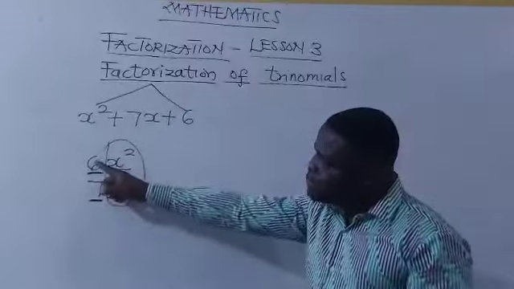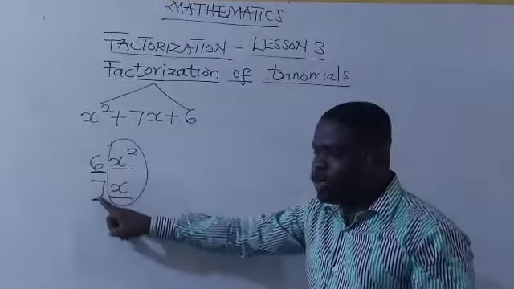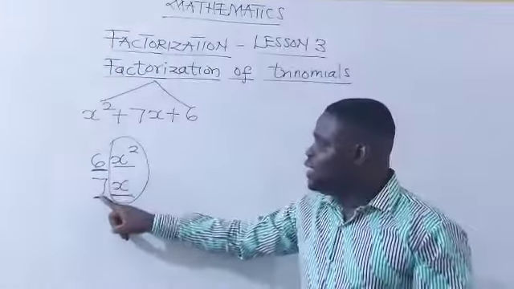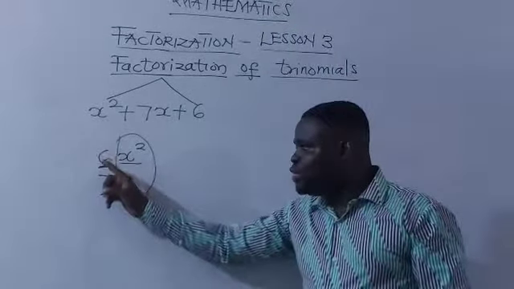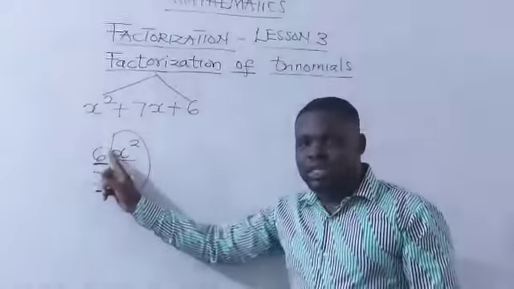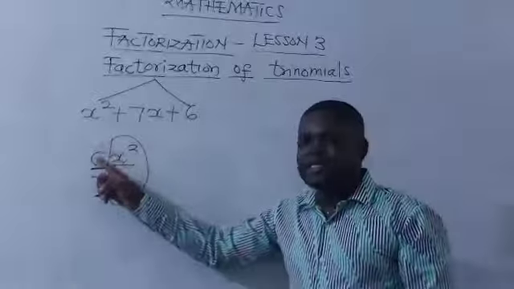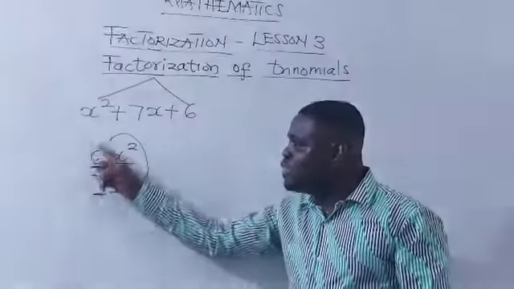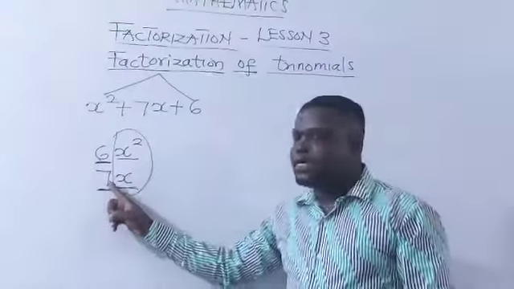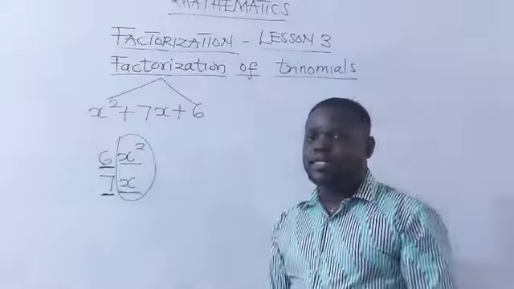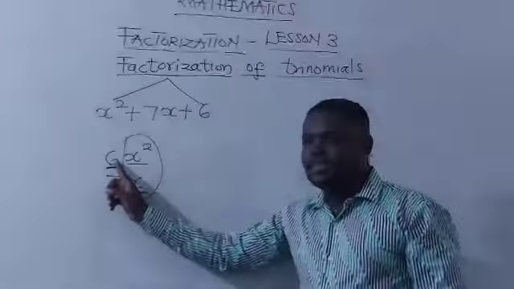We realize that because we are looking for the sum to also equal 7, then the two numbers we are looking out for here cannot be negative, because if we sum up two negative numbers, it would not produce a positive number. So the two numbers we are looking for should be positive.